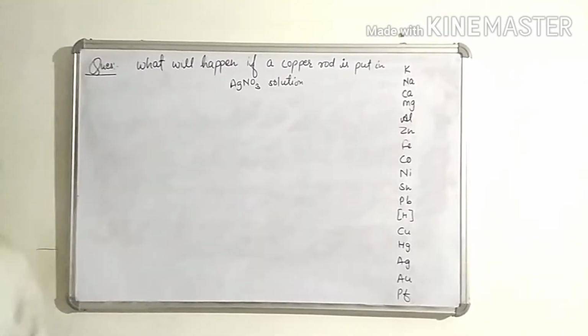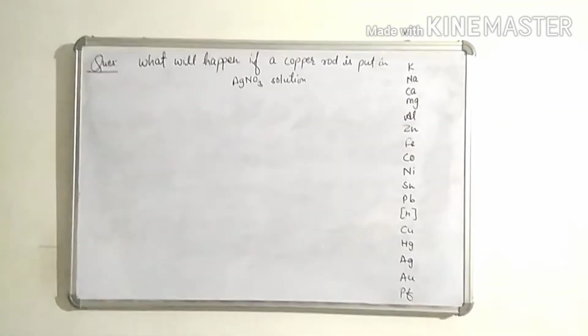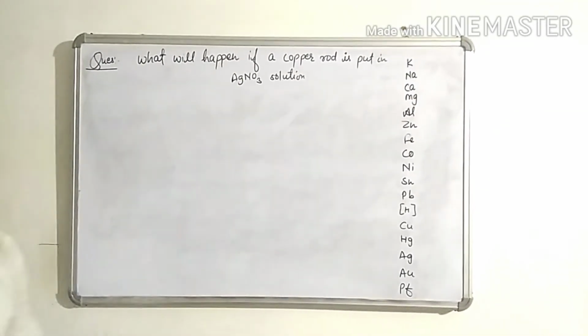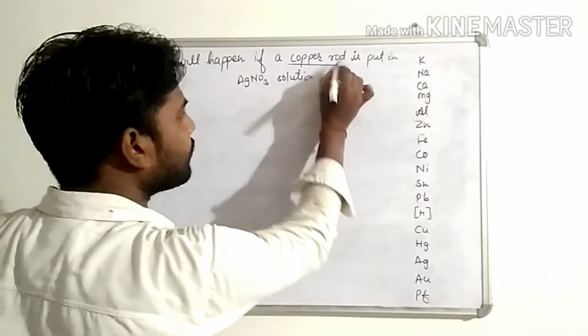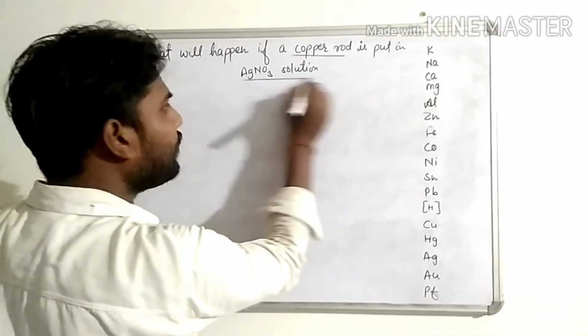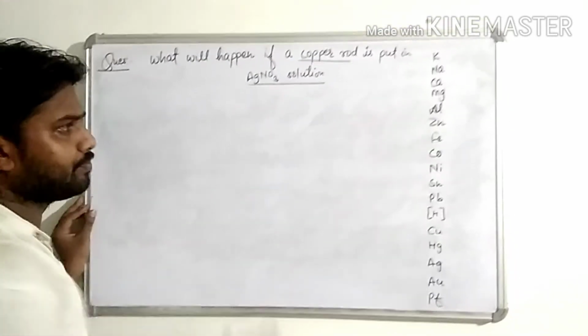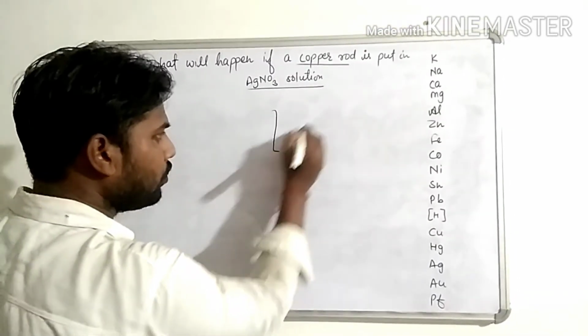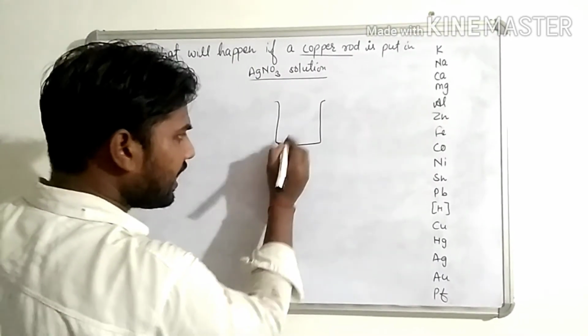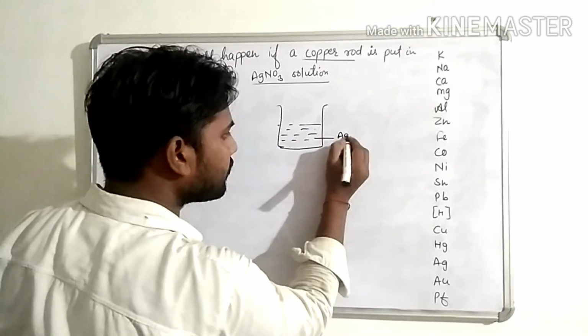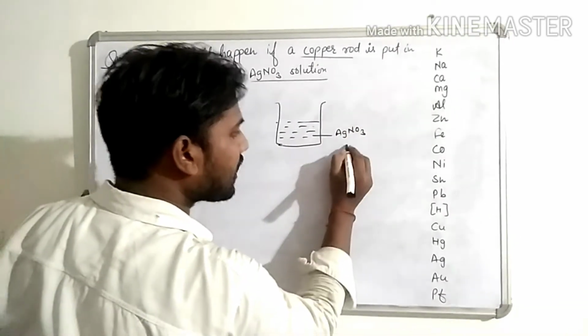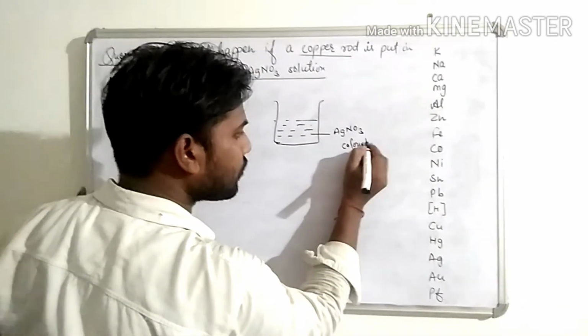Now let us solve the question, children. What will happen if a copper rod is put in silver nitrate solution? Suppose this is silver nitrate solution, which is colorless.